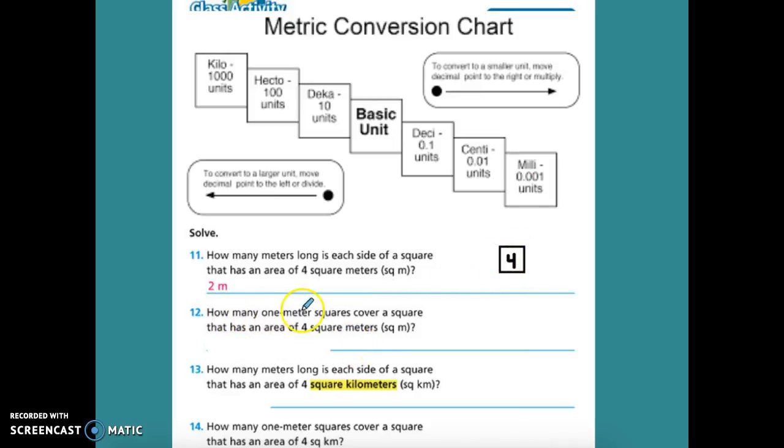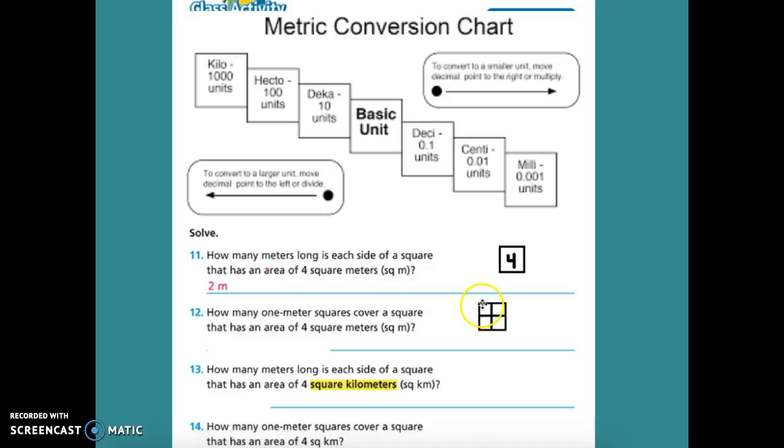Now, how many 1 meter squares cover a square that has an area of 4 square meters? So I'm going to draw a new picture here. Another square, and we want to know what the area would be of this square. It says there's 4 square meters, so I'm going to divide it into 4 squares, and we want to know how many 1 meter squares would fit into that space.